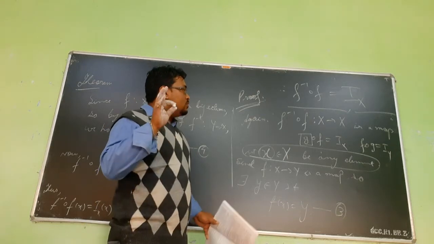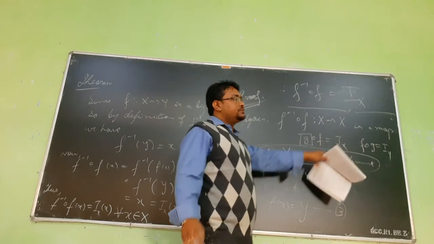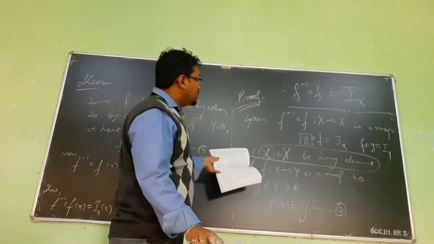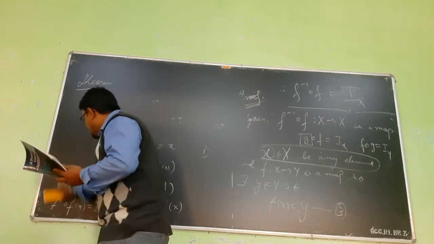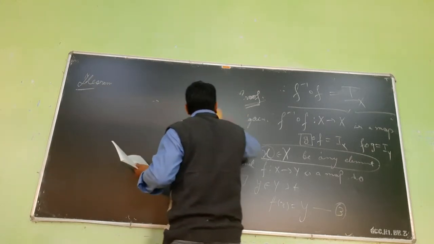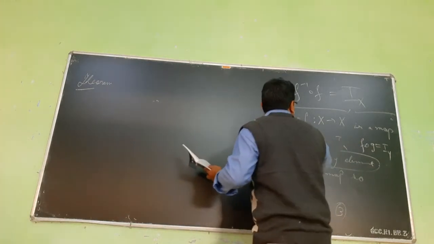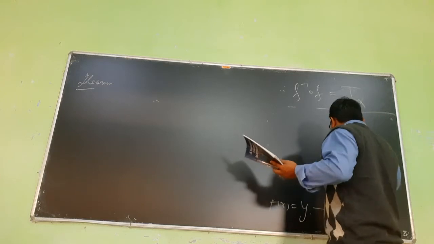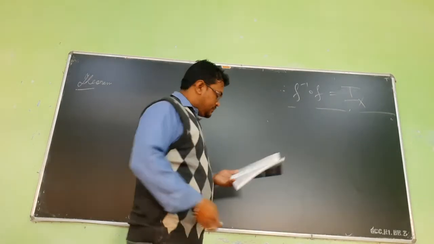So there is only one function which satisfies both the parts. This is what we will do in the next theorem. The next theorem will give us another definition of the inverse of a function. Any function which satisfies these two conditions can also be called the inverse. Okay. Alternative definition of inverse.